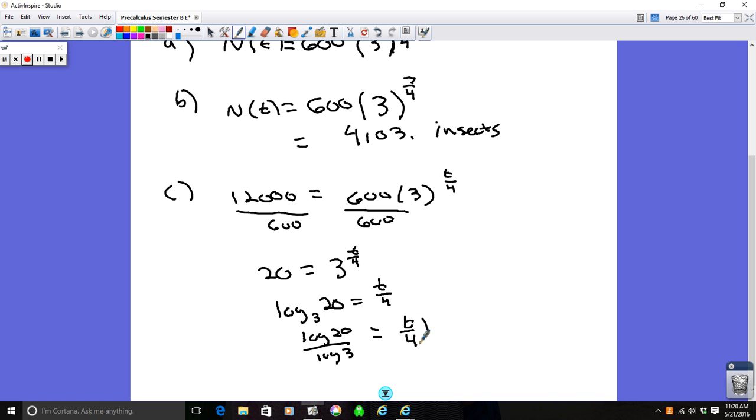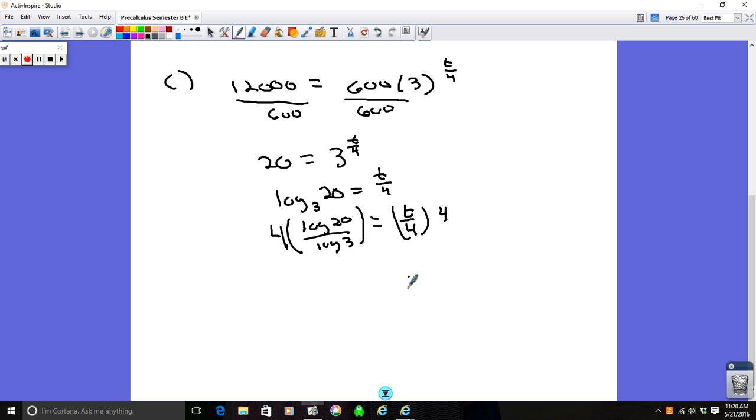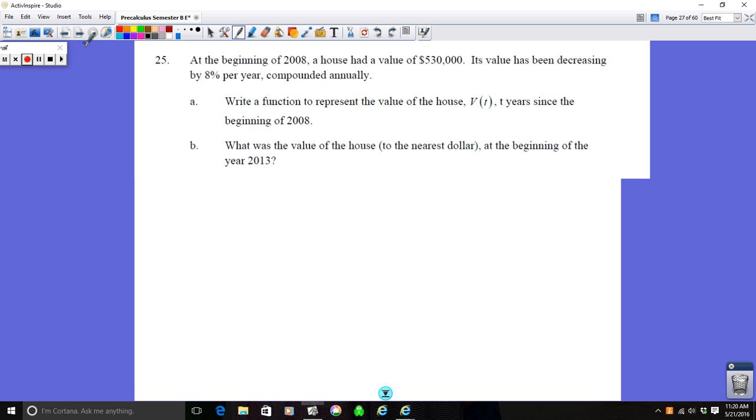Then multiply through by 4. So the exact answer is 4 times log of 20 divided by log of 3 equals time. So for letter C, time is 10.907. And make sure you're labeling that they're talking about weeks here. Don't leave answers without labels in word problems.